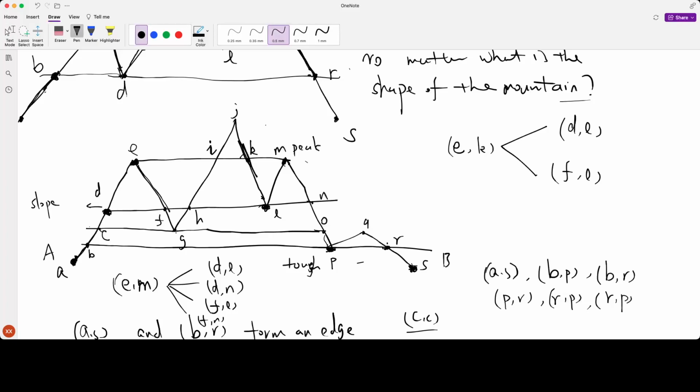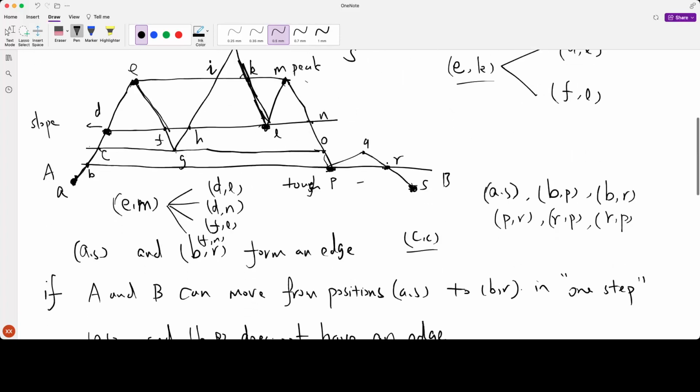So exactly because here you have two choices, it's a peak, you have two directions to go. But in both directions, the altitude must decrease. So it means for K it has only one direction to go. So you can see it has degree 2.